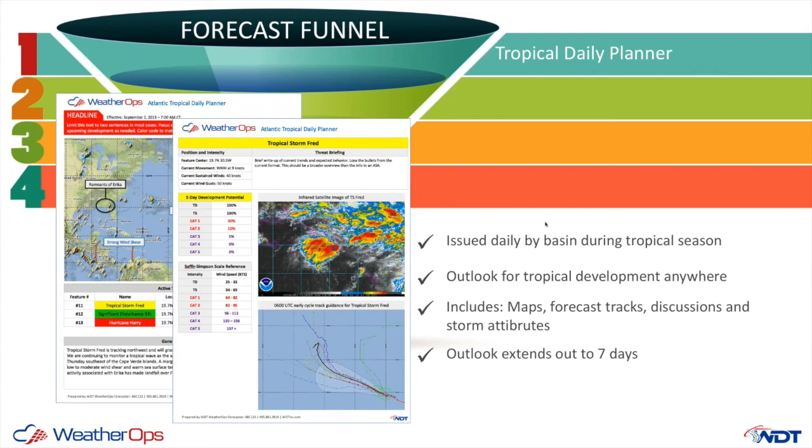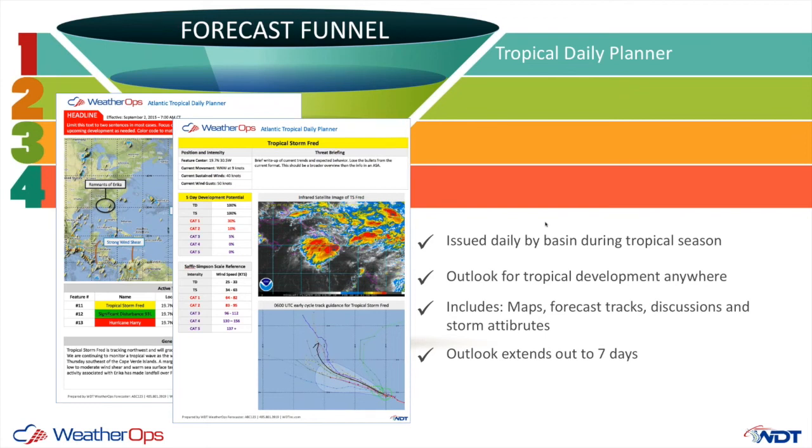This information is issued daily during tropical season. And what we do is we pretty much look over the entire basin, tropical Atlantic basin, suspicious areas of development, and then we put a probability on any of those areas of disturbed weather, and we track them through various means of maps, forecast models, and discussions.